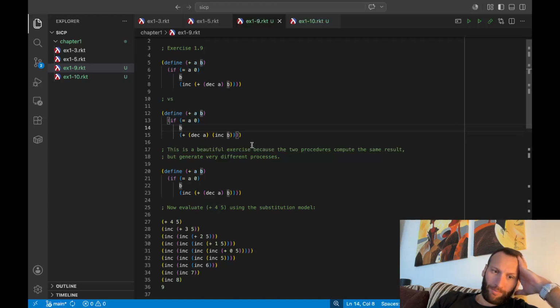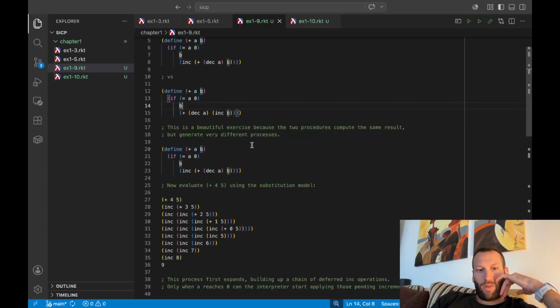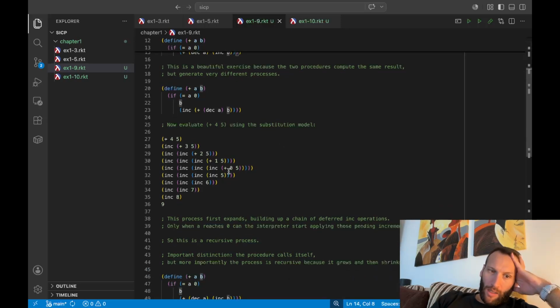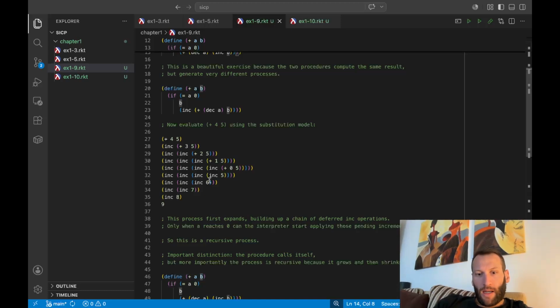different processes. Let's start with the first one, with the first definition. And if we evaluate plus 4 5 using the substitution model, we can see that we have the expansion and then the contraction typical of recursive processes. This is because basically we are building up a chain of deferred operations.